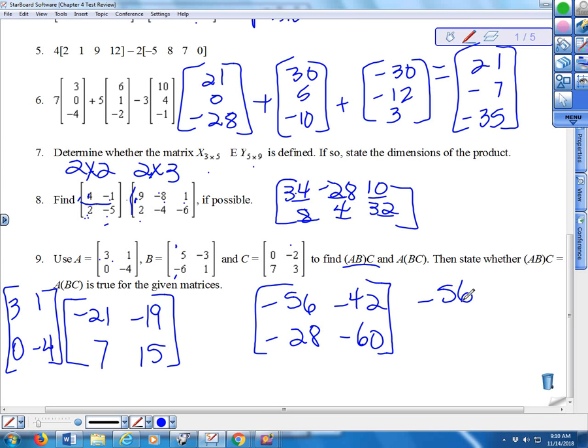Negative 57. Negative 57 plus 15 is negative 42. 0 minus 28, and 0 minus 60.